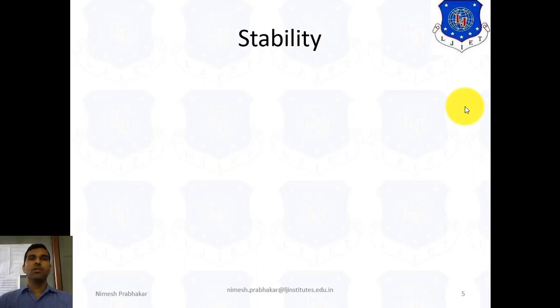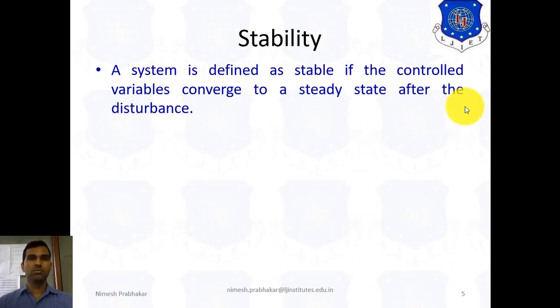Stability. So first of all, the question occurs in mind, what is stability? Also, why do we require stability, and what is the stability of a system or of any process? Now we will understand by using this lecture. First of all, stability. A system is defined as stable if the control variable converges to a steady state after the disturbance.